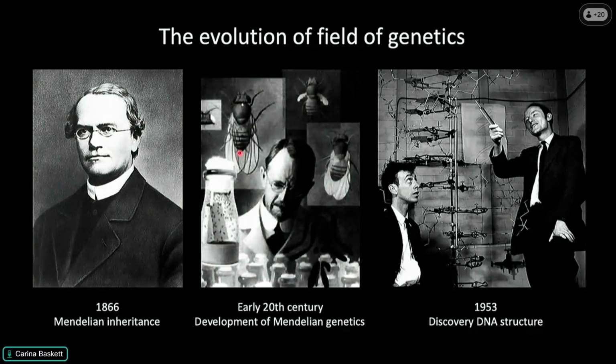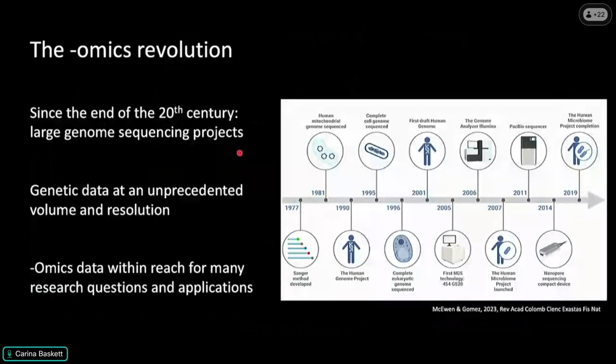And it's only fairly recently that we have also been able to sequence DNA. For many of us, this is now an important part of our work: looking at DNA sequence or RNA sequence and trying to figure out what it means. We're now in the age of the omics revolution, I would say.